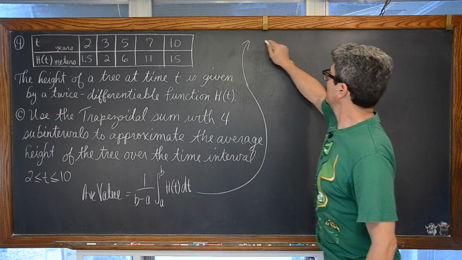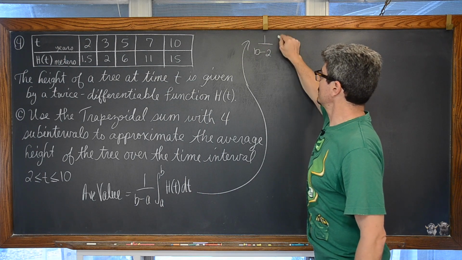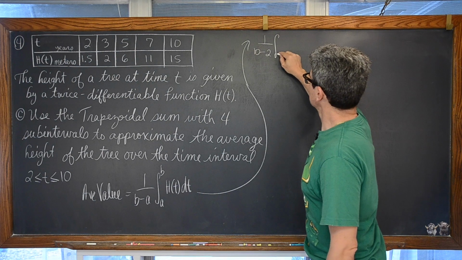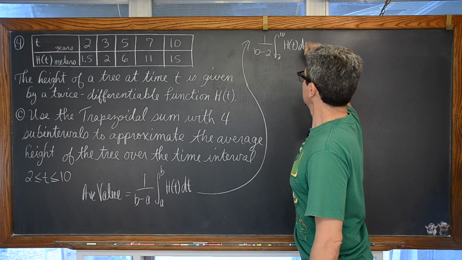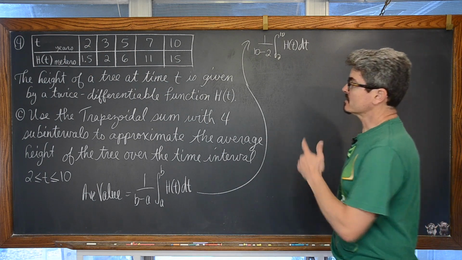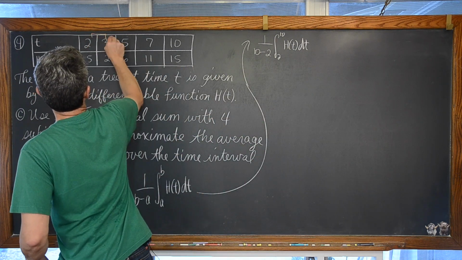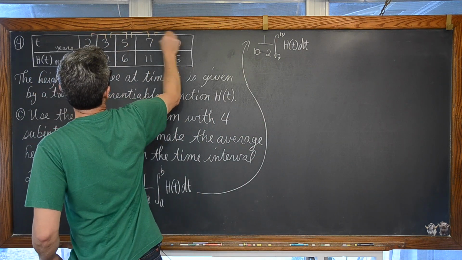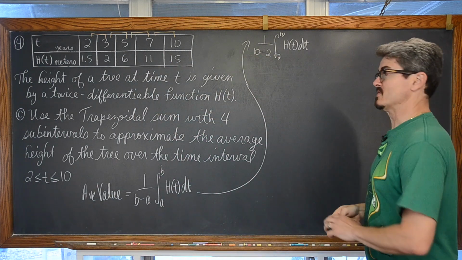So 1 over b, which is 10, minus a, which is 2, times the definite integral from 2 to 10 of h of t dt. You always want to let the graders know and see what you're doing. And the 4 subintervals are right here. They are 1, 2, 3, 4. So they built a table to work quite nicely with this question.